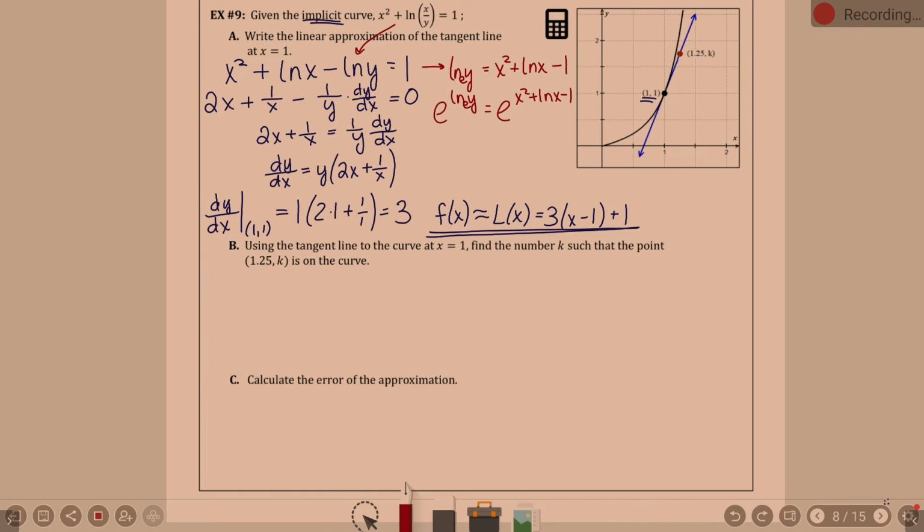And so this becomes y equals e to the x squared plus natural log of x minus 1. This right here is just our explicit form. It's a good skill to have. It's going to help us here in our next piece.